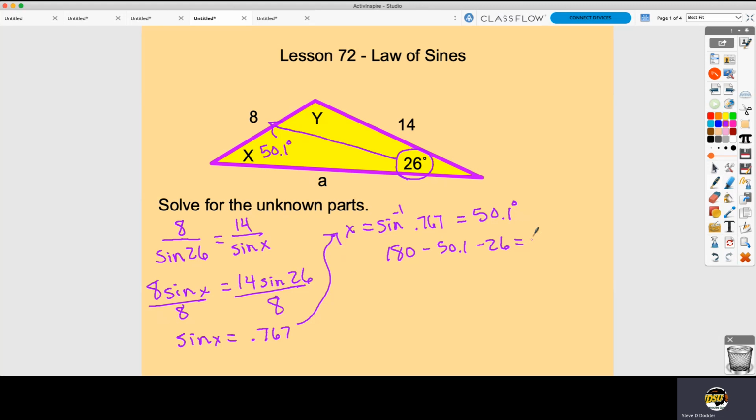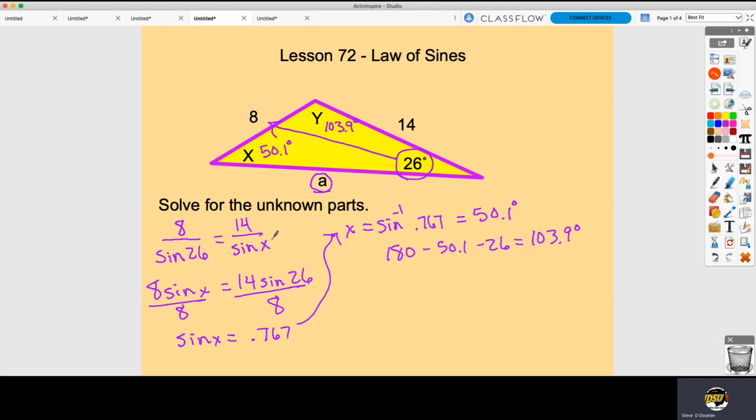And that would be 103.9 degrees for our y value. And then once we know that one, then we can go solve for a yet, okay?